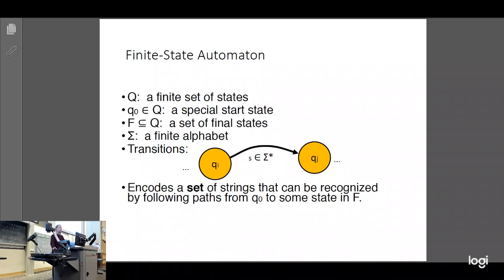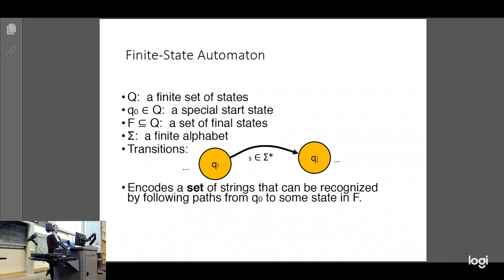We have some transition function where we have transitions between states that have labels. And these labels are symbols drawn from sigma. So basically what the finite state automaton does is it encodes a set of strings that can be recognized if you can get those strings by following a path from Q0 to some state in F. Very simple.